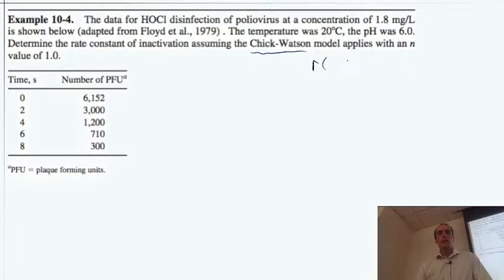And so in this scenario, we would say the rate at which, we'll call it n for the pathogen, changes would be a negative K times a chlorine concentration, or disinfectant. So I'll say C disinfectant, times n to the 1 power, where n is the microorganism that we're changing, and C is a disinfectant parameter. So the Chick-Watson model then says we're pretty much at a first order scenario when this is held constant.